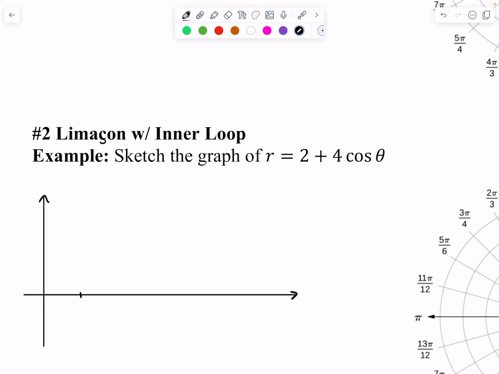So again, scaling by pi over 2's. That means that this will be 6, 2, negative 2.